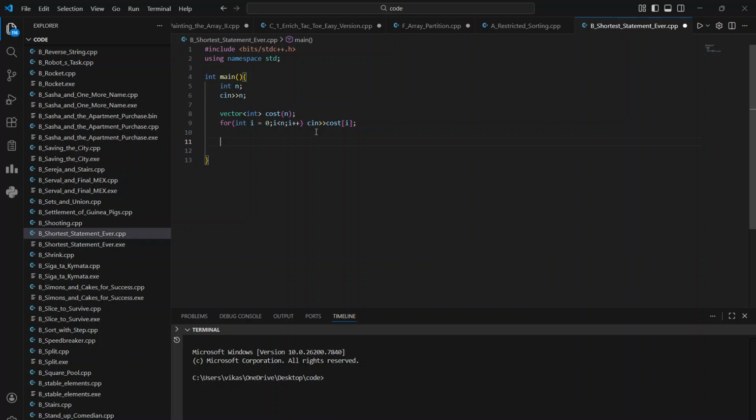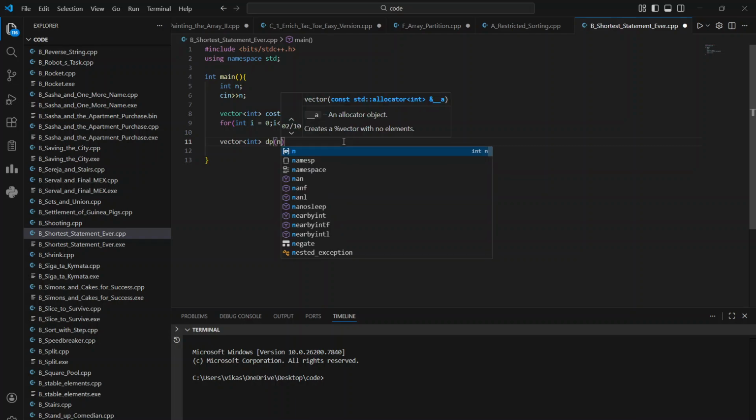Now what I have to do is find the minimum, right? So let's say I make the DP of size n.